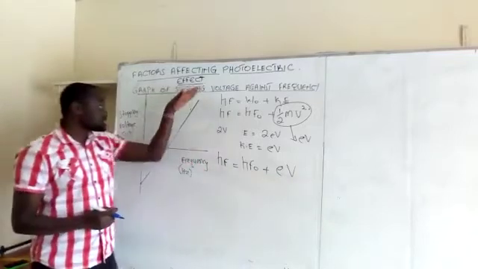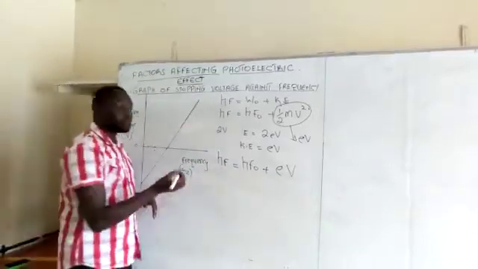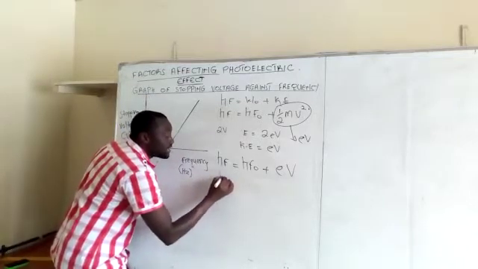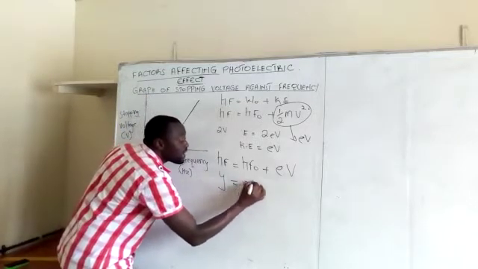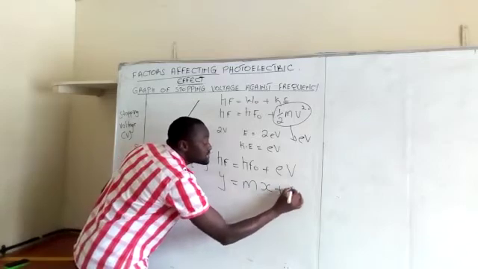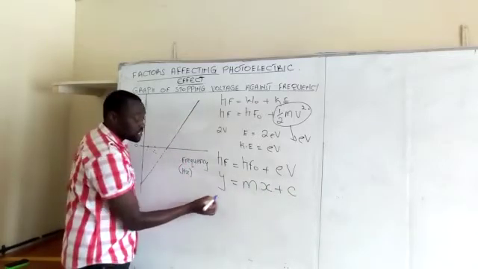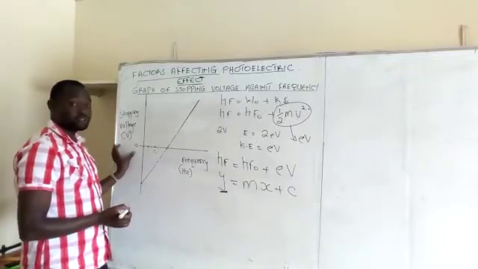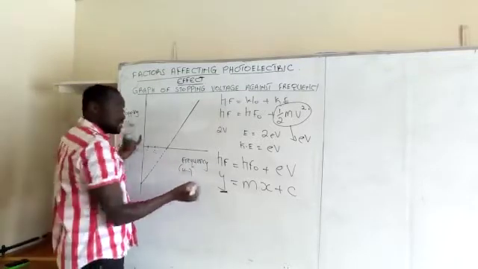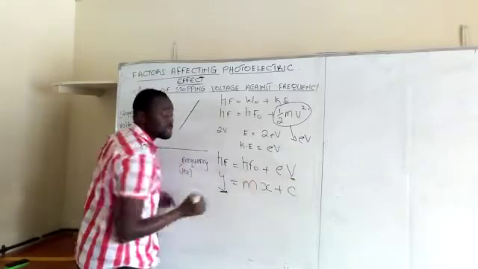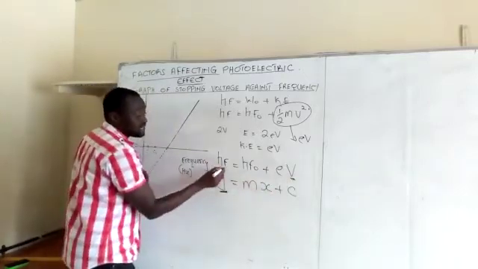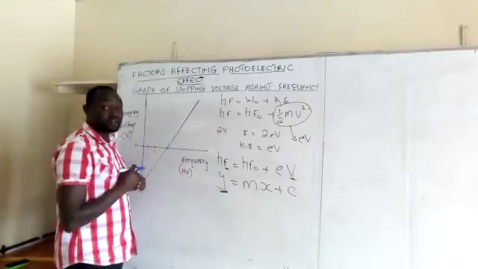Because it's a straight line, it will obey the general equation of a straight line, which is y equals mx plus c. Then we check, what have we plotted on the y-axis? It's the stopping voltage, that is the V. This is what should go on the y-axis. What have we plotted on the x-axis? It is the frequency of the radiation.